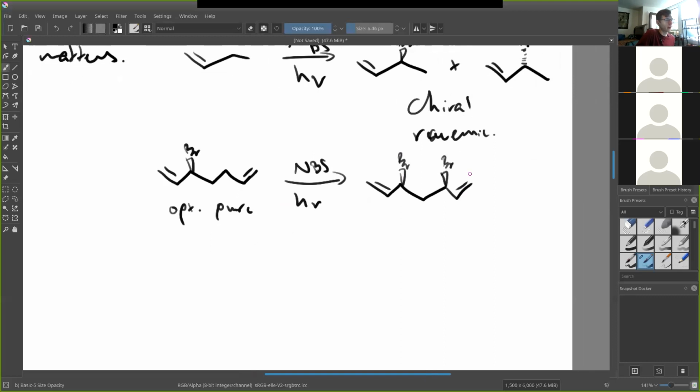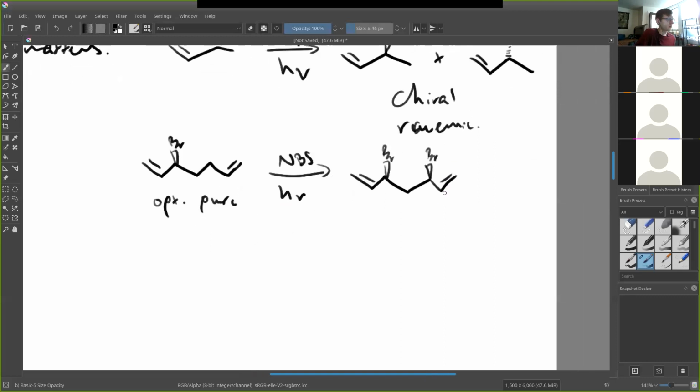And what do you notice about this compound, someone? It's a chiral meso. Anyone? The first one is meso, because of the plane of symmetry.